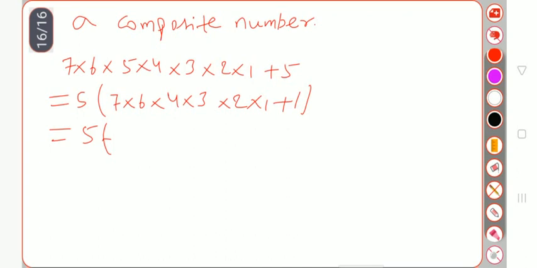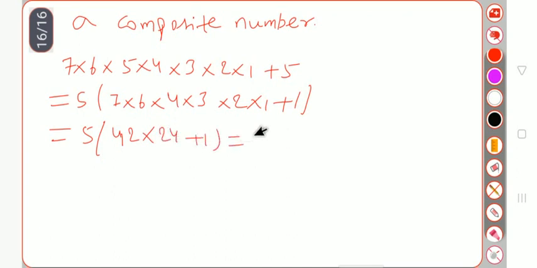So 7 into 6 is 42. It looks like a minus, so don't get confused, it is not minus. So we can write 7 into 6 as 42, and 4 into 3 is 12, into 2 is 24, plus 1.